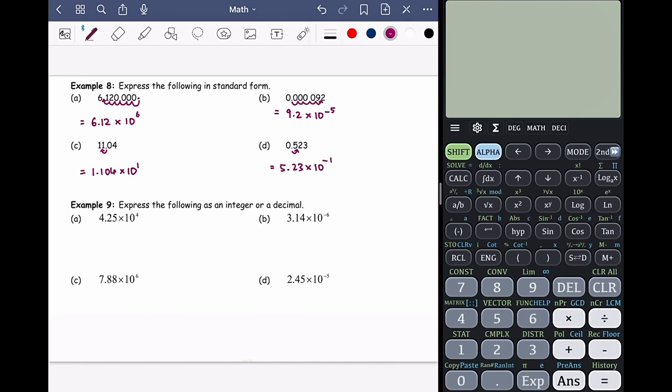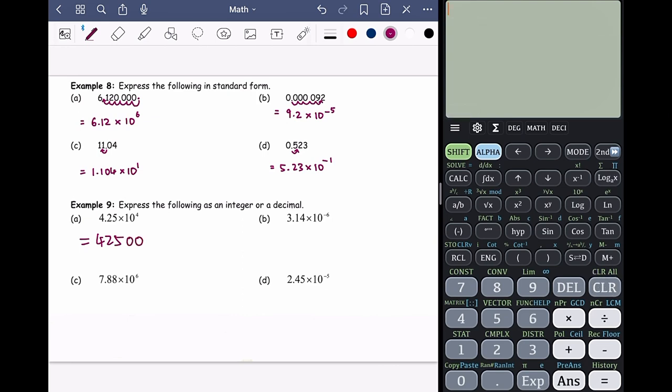So in example 9, we can actually just use a calculator to compute each of the parts. So in part A, we have 4.25 times 10 to the power of 4, and we're going to get 42500.